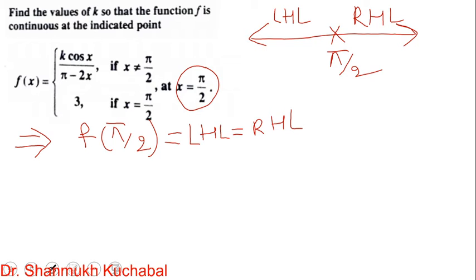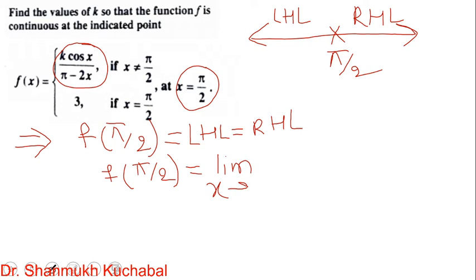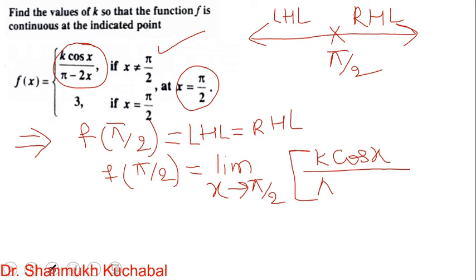For not equal to, the function remains the same for LHL as well as RHL, therefore we take the same function. Limit x tending to pi by 2 of f of x, which is k times cos x divided by pi minus 2x.